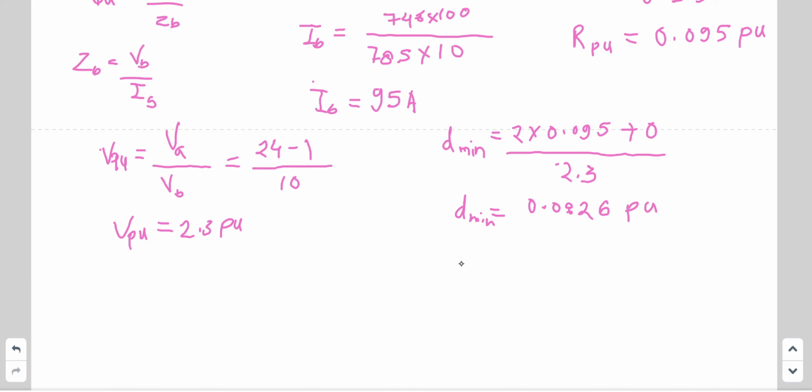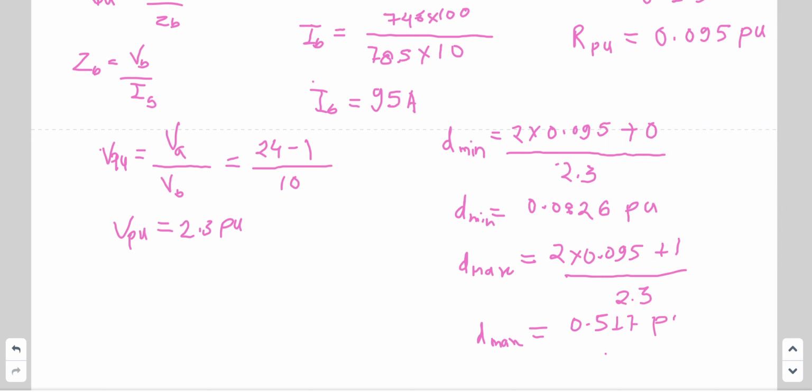Now in the same way we will calculate the D max value. D max is equal to 2 into 0.095 plus 1, divided by 2.3. So D max will be 0.517 per unit.